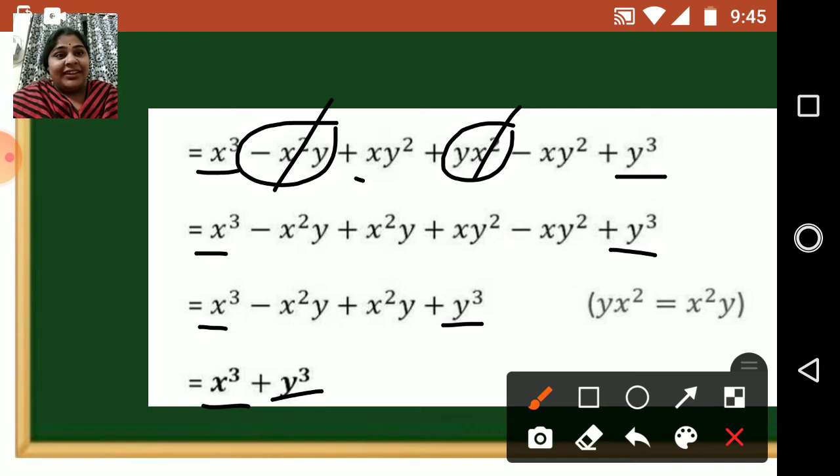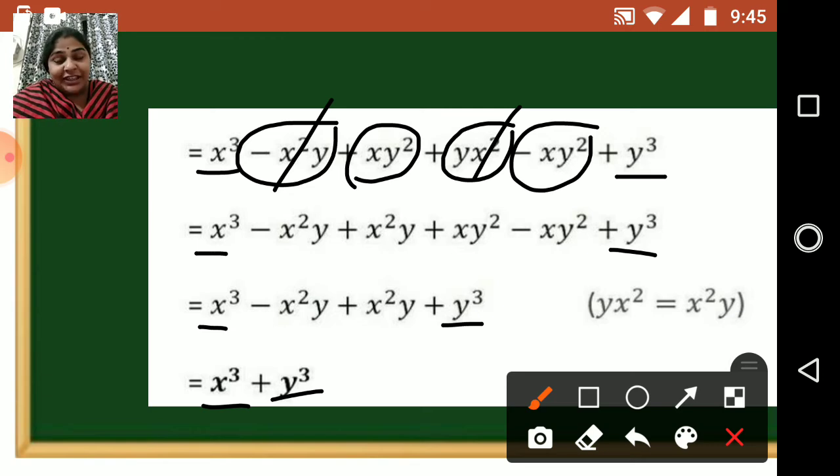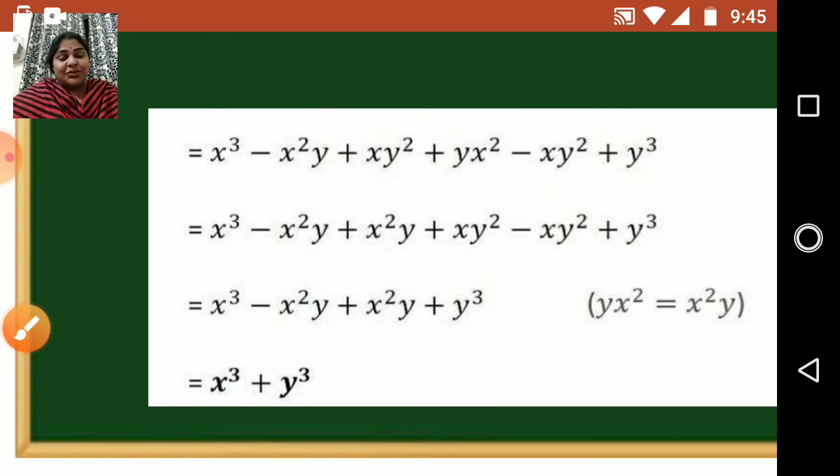Again xy square, xy square. One is positive and the other one is negative. They get cancelled here. So these terms after getting cancelled, it is x cube plus y cube. So this is how we get our solution.